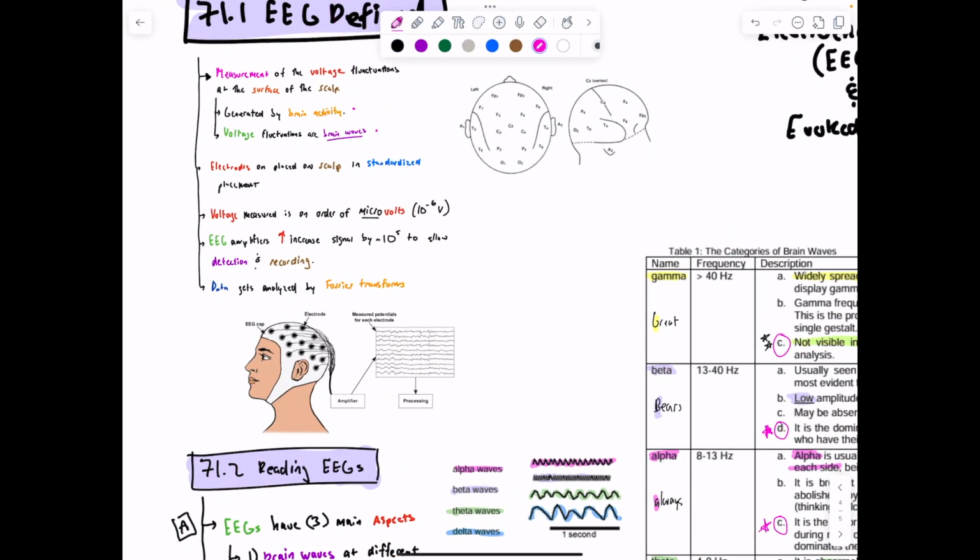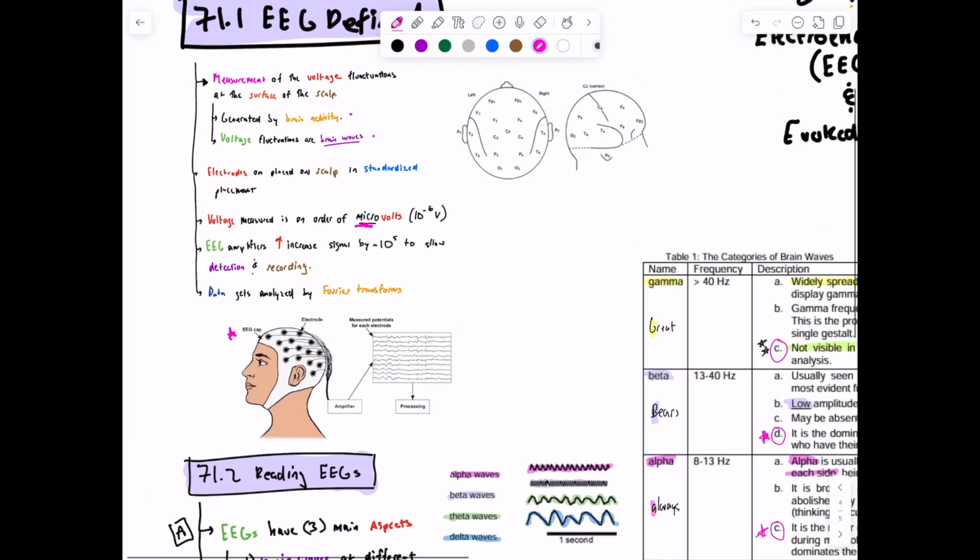So with that, how do we actually go about measuring this? We have electrodes that get placed on the head, standardized placement. The voltage that we measure is incredibly small, 10 to the negative 6 volts, or microvolts. Think about your toaster that might use 2 amps of current, operate on like 120 volts, our standard outlet.